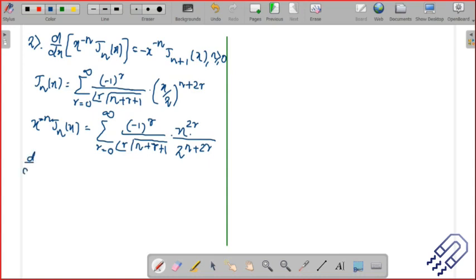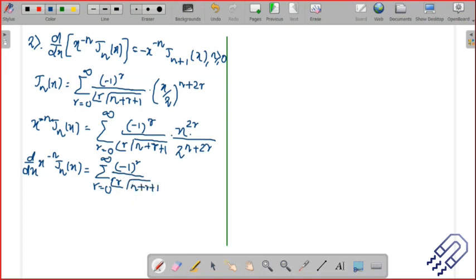So we take d/dx of x to the power minus n J_n(x) is equal to summation r equal to 0 to infinity, and then this is minus 1 to the power r. I'm not going to change anything here. Factorial r gamma n plus r plus 1.